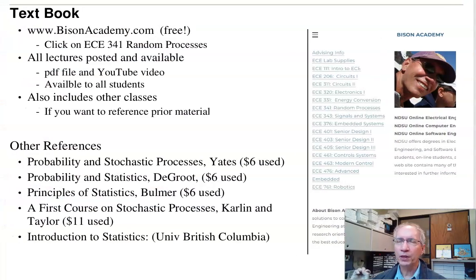You go over the material on the lecture, you do a homework set, then we go over the homework, and I show you how I would solve it, both in a PDF format and a YouTube video. I can't do that with published textbooks because that's a copyright violation. So all the problems in this class are unique to this class, problems I made up. That makes it legal for me to post solutions. So again, if you have an old version and the homework problems are different, doesn't matter. We don't use the homework problems from the textbooks.